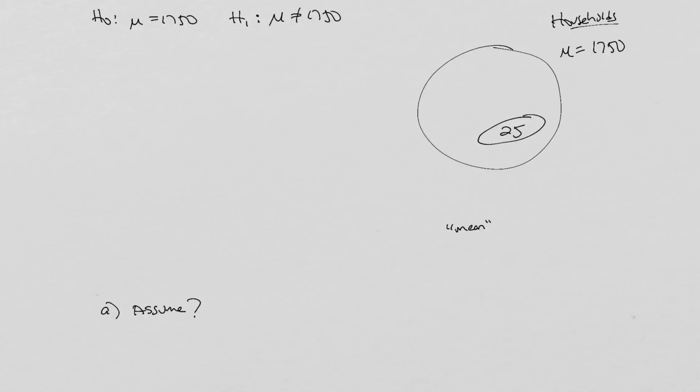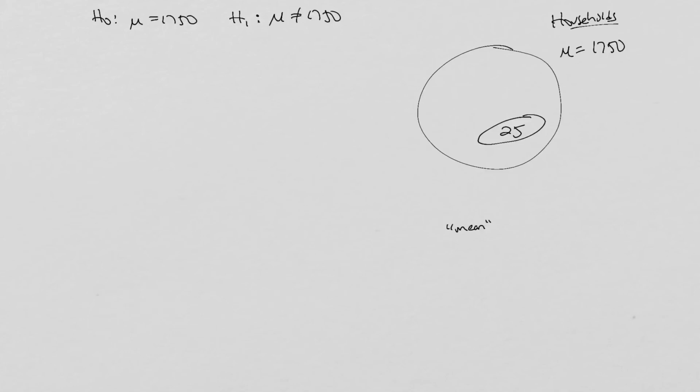So since we're going to carry out this test, we have to assume that our population is normal. We're doing that because our sample size is less than 30, so we can't just assume the sample is big enough to make it a normal sampling distribution. This is an assumption we're making in the background just to get this problem done. So that's what part A was on the test.